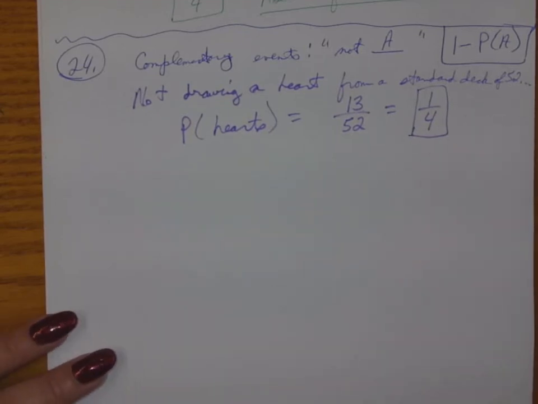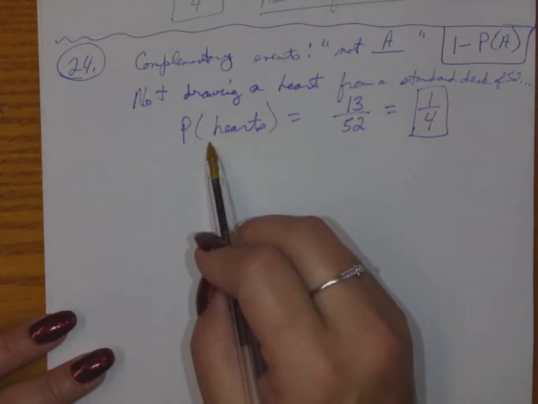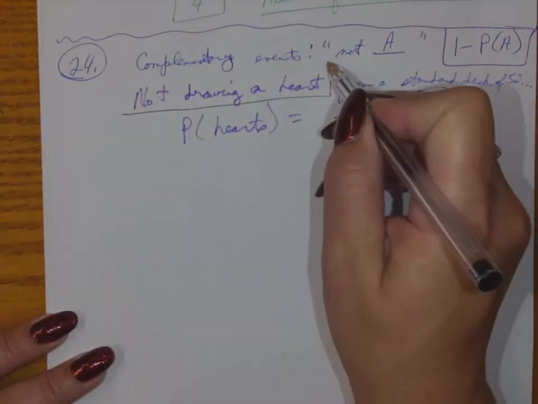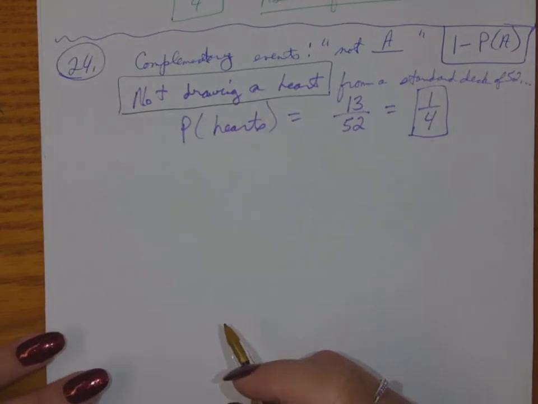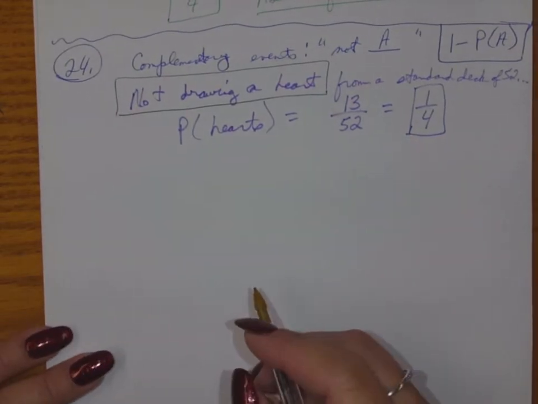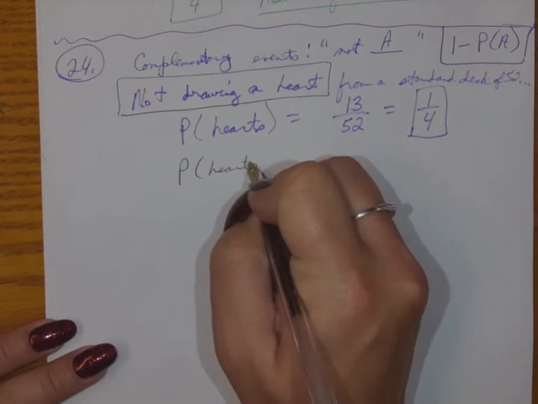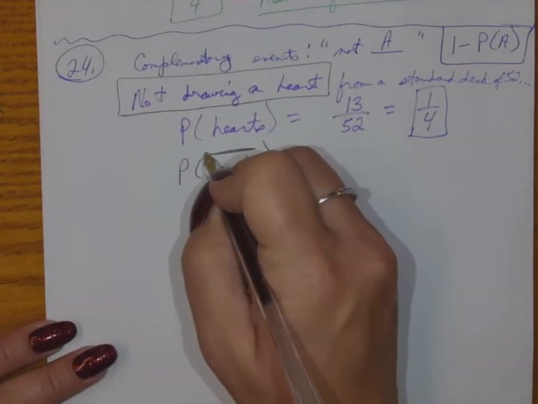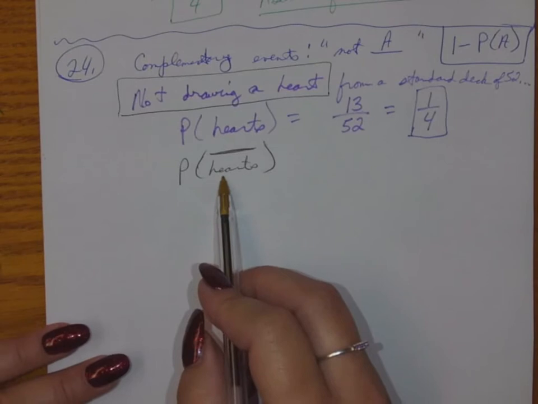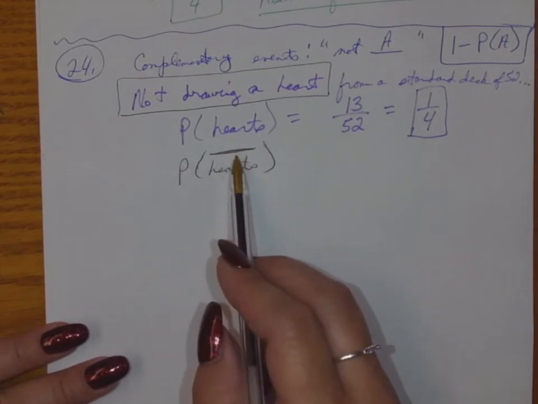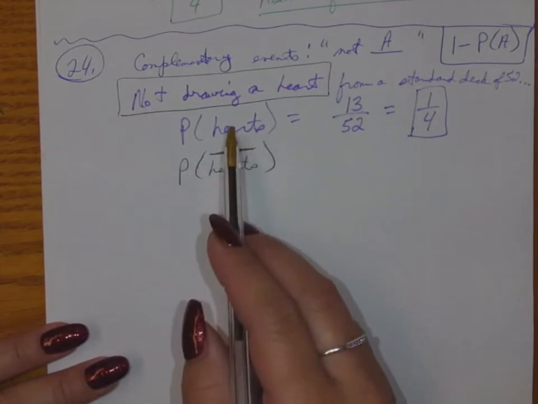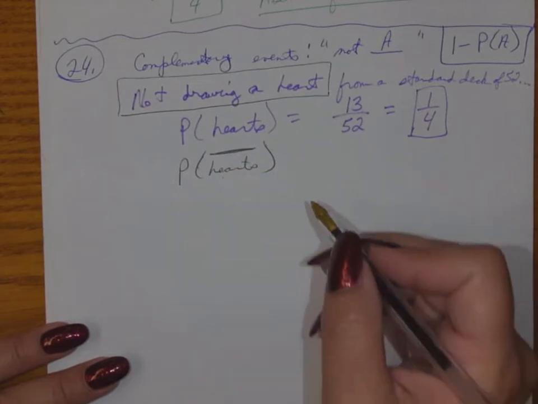But that is that I will draw a heart. The question was, I will not draw a heart. So that's a little bit different. Remember that the notation for complements is you put the solid bar on top. This is the probability of not hearts, or the complement of hearts, but we're going to say not hearts.